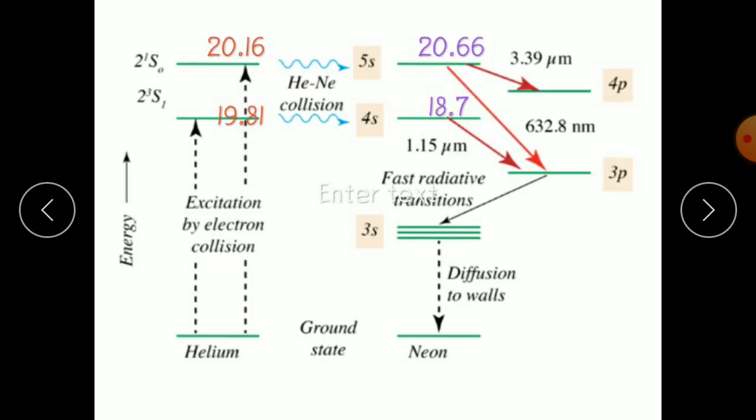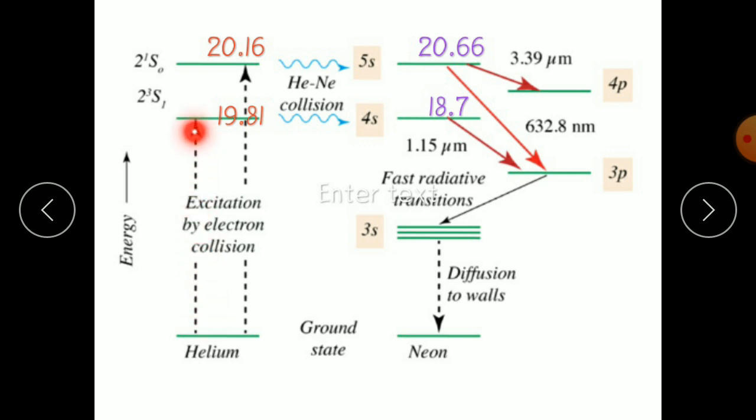The electrons are light in weight, so they collide with other helium atoms and transfer their energy to them by colliding. When these electrons collide with the helium atoms, the helium atom absorbs that energy and goes to these energy levels.